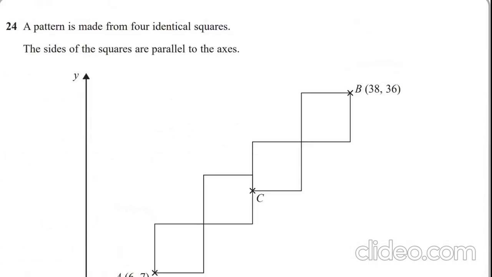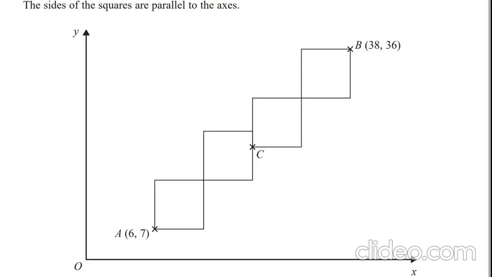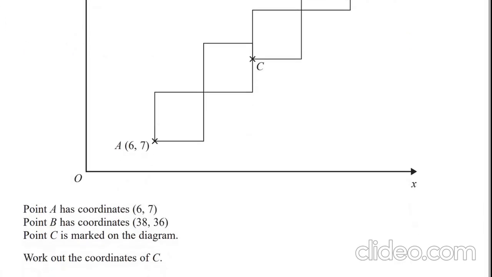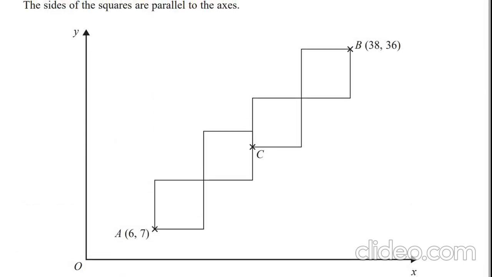Next, we have this. Now, this is a pattern that is made of 4 identical squares. We have the coordinates of A and B. Write down the coordinates of C. Okay.